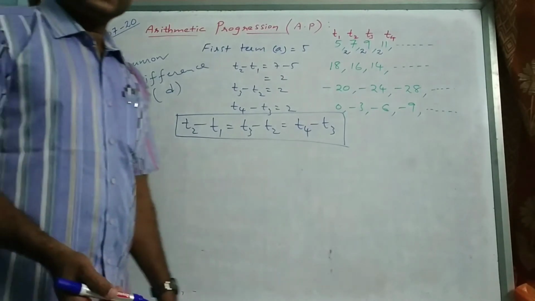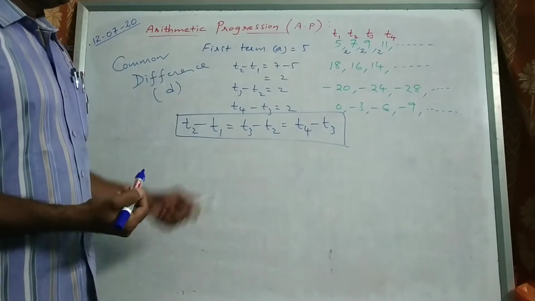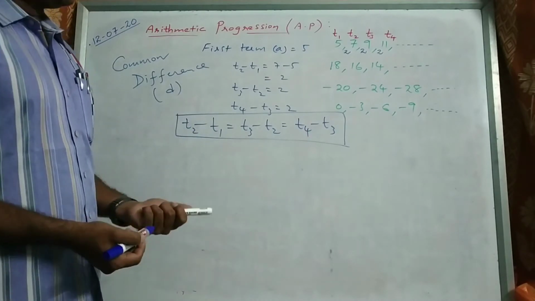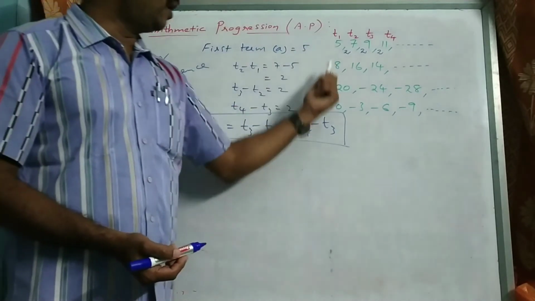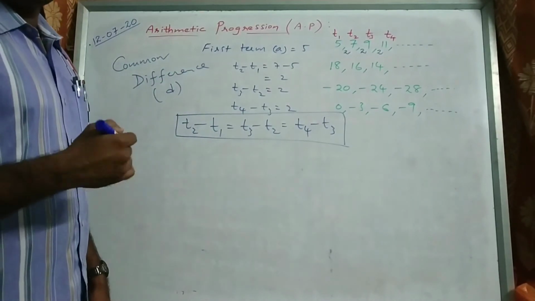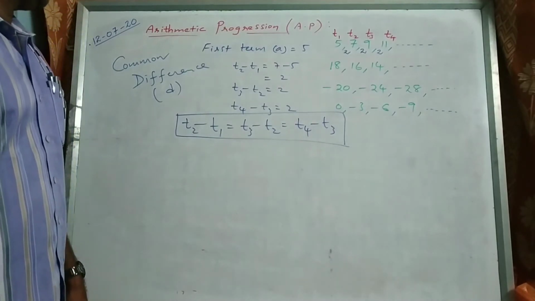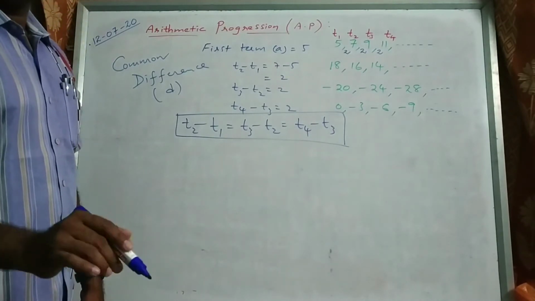If a progression is given, we should be able to recognize whether it is an AP or not by checking the common difference. If you check the common difference, it can be easily understood whether it is an AP or not.